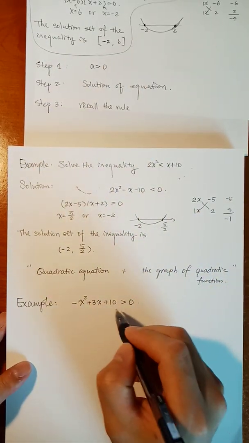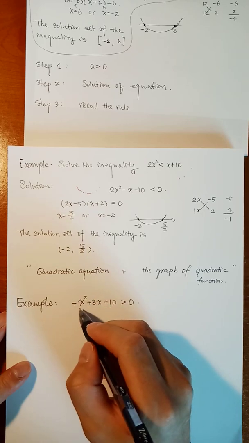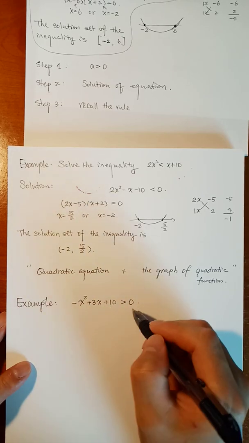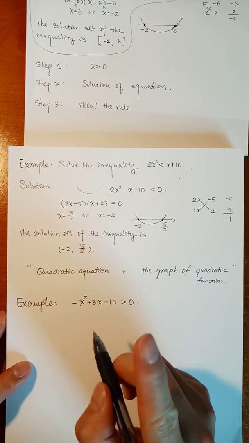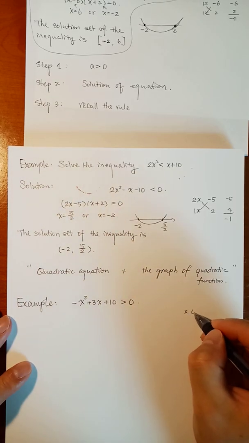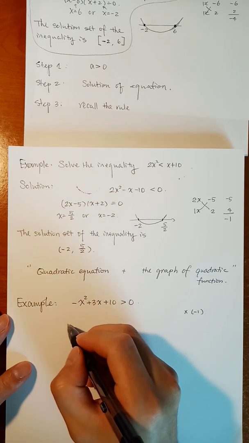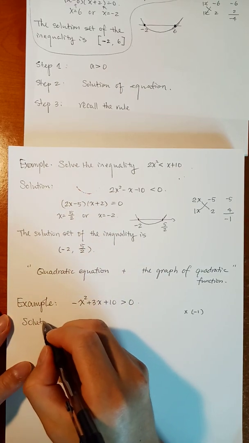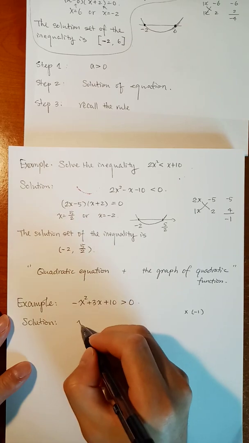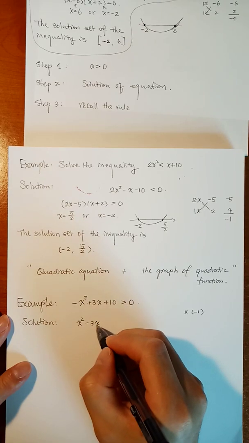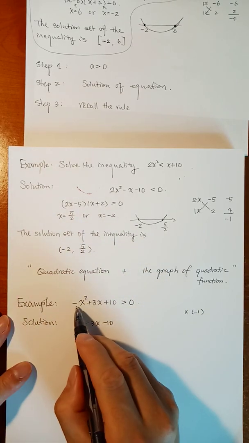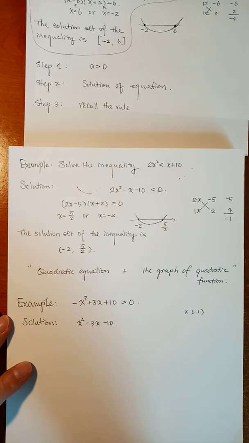So the first step when you have a negative leading coefficient is the following. We multiply this inequality by -1, so we will get x squared minus 3x minus 10. Each term times -1.